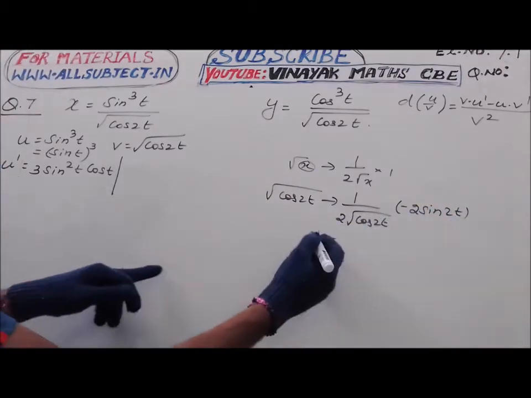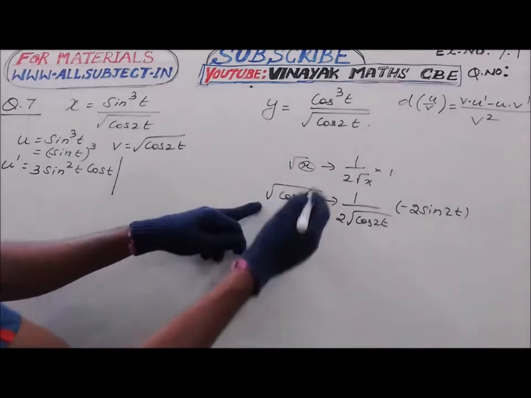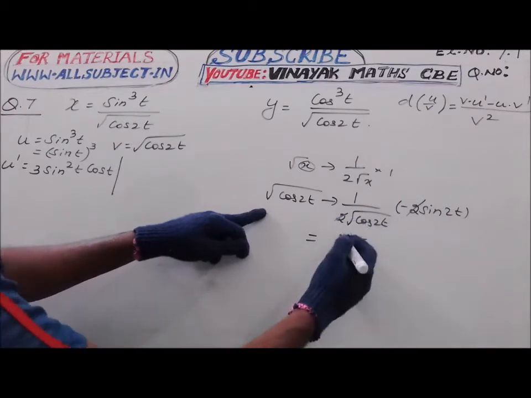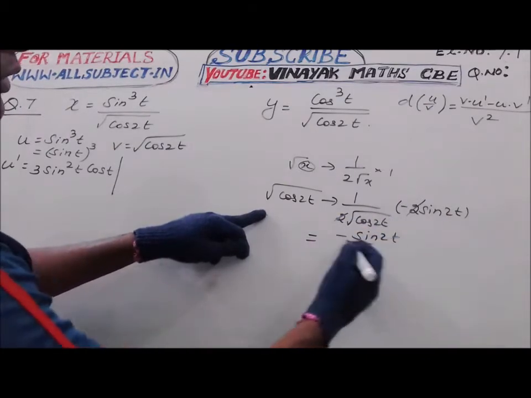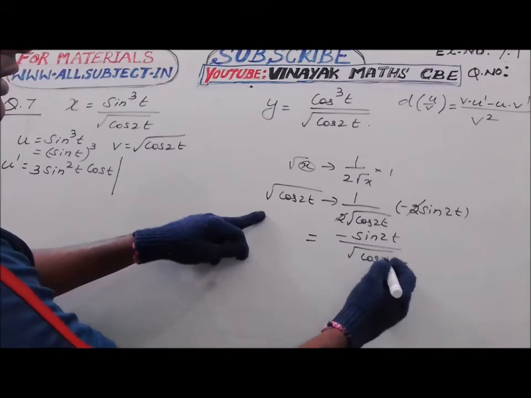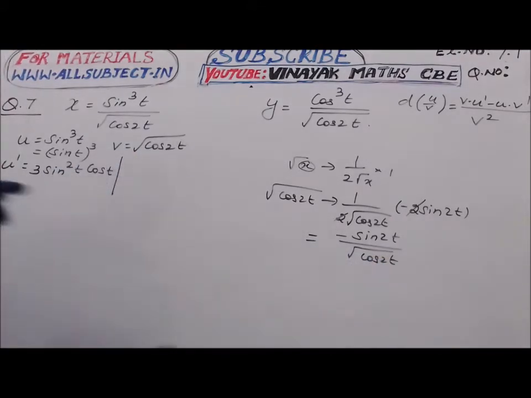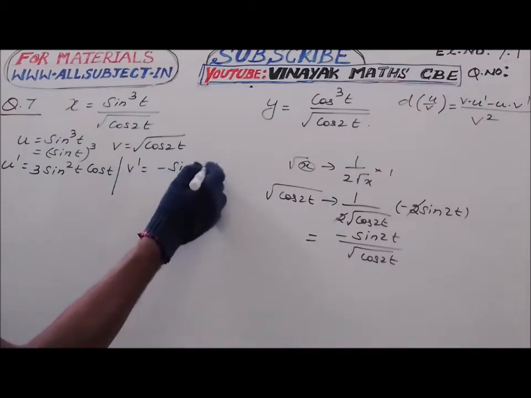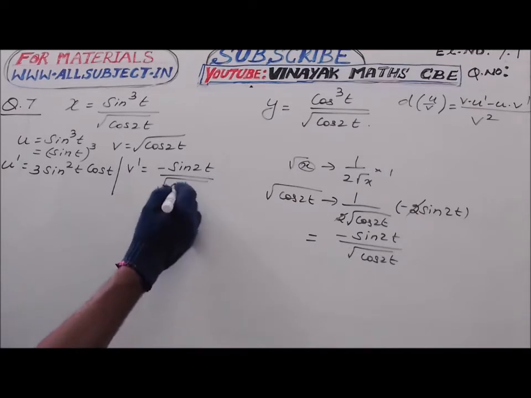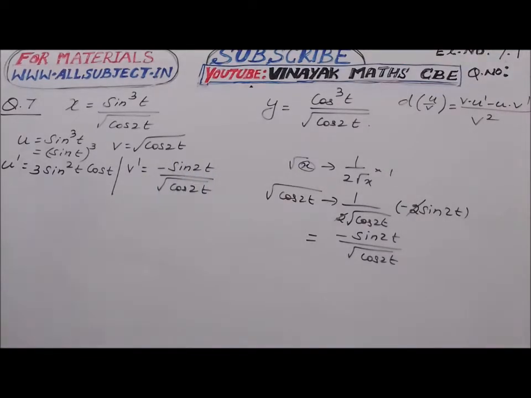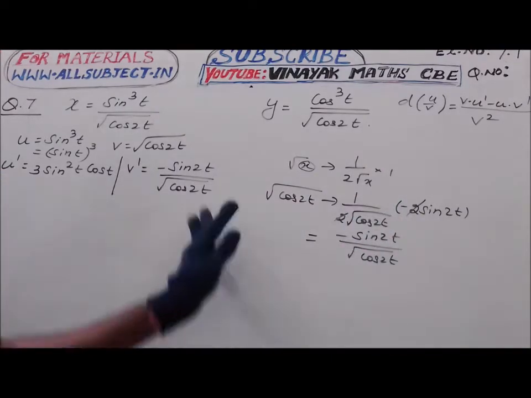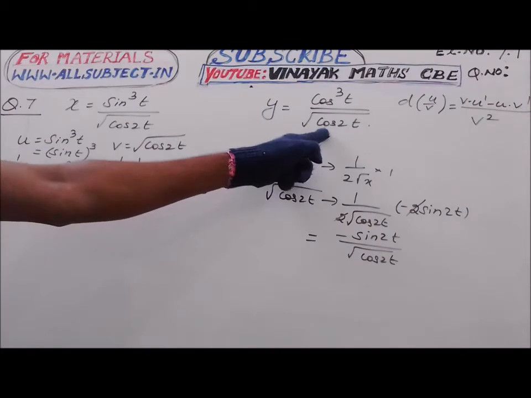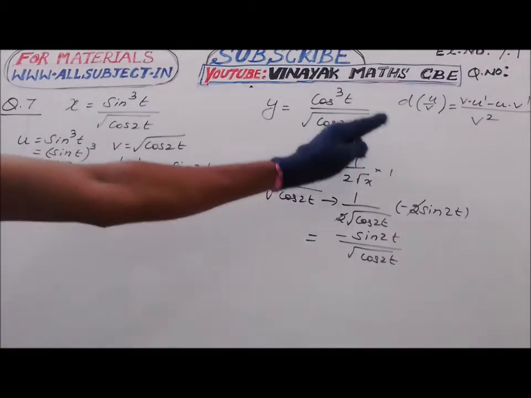So multiplying these two, 2 and 2 get cancelled, and we get minus sin 2t divided by root of cos 2t. So v dash is equal to minus sin 2t divided by root of cos 2t. This is v dash, this is u dash. And here also we have the same v in the denominator. We can use this v dash again when we apply.